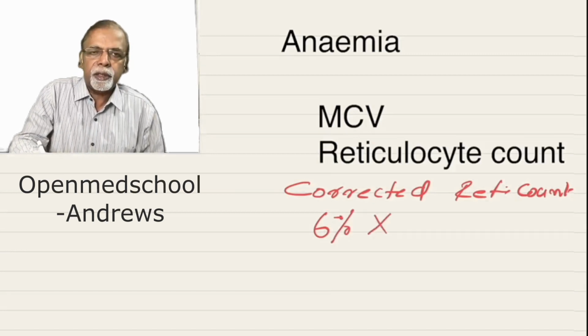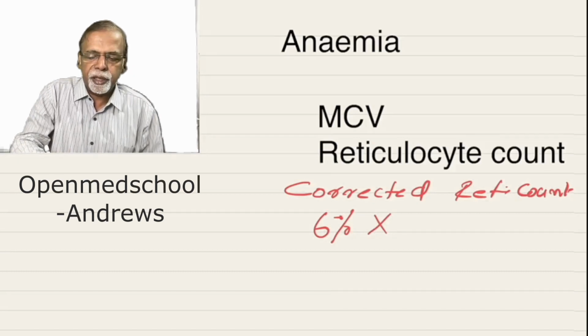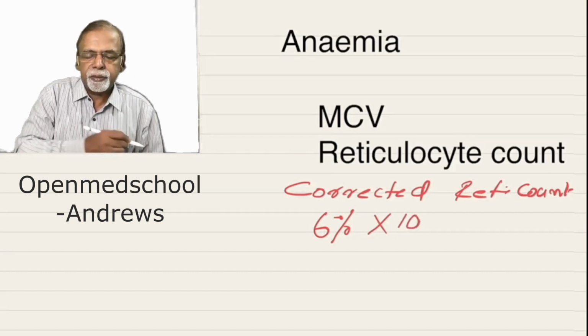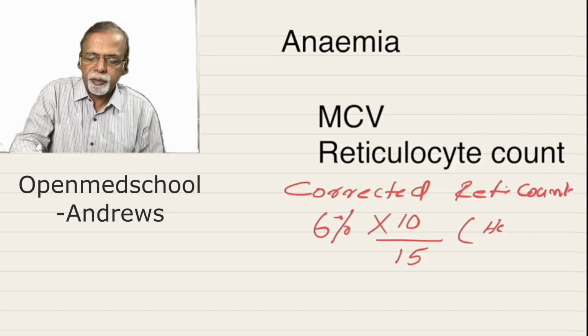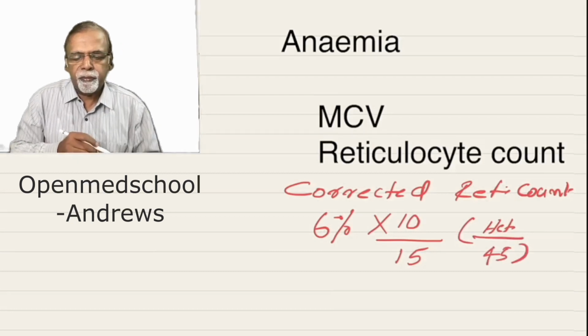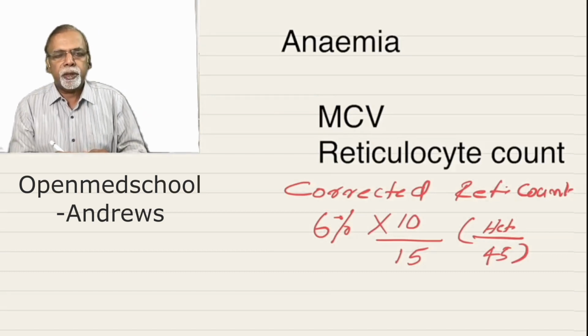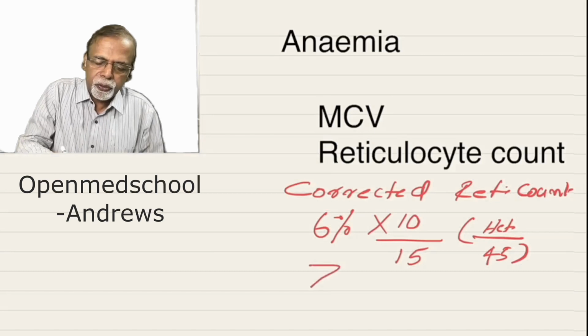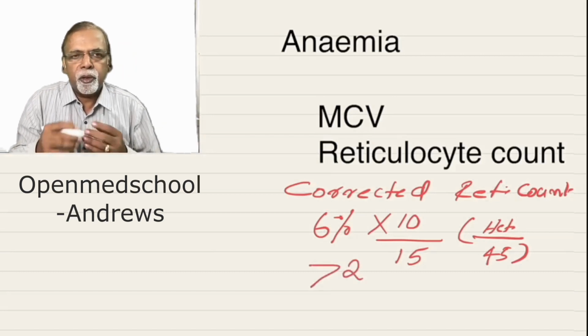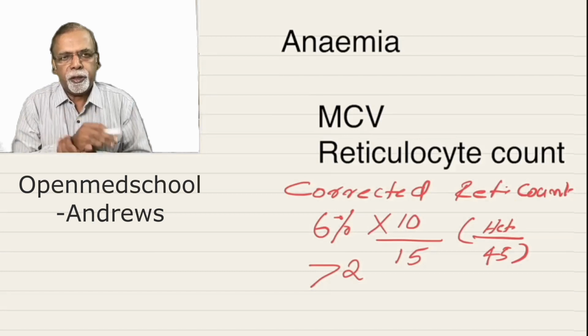You multiply with the patient's hemoglobin, let it be 10 grams, and divide with the normal hemoglobin, so take it as 15. Instead of the hemoglobin, you can take the hematocrit of the patient, and the normal hematocrit is usually taken as 45. This is how you find out the corrected reticulocyte count. A response of more than 2 can be taken as the bone marrow is responding.